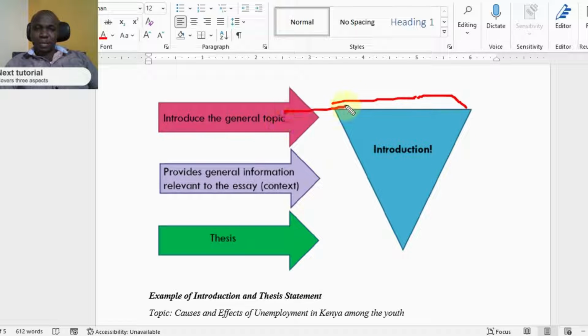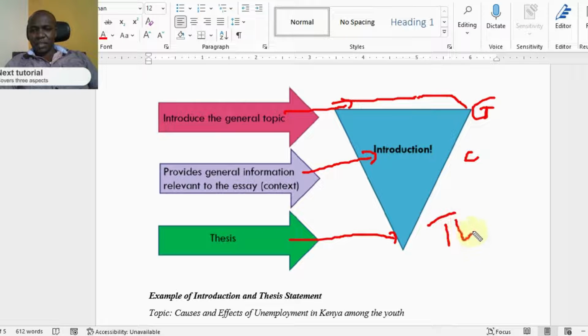So make a general statement. Provide an overview, context. Then wind up with a thesis statement. So again, this should be general, context, then this is the assertion. Now you declare what your paper is all about.